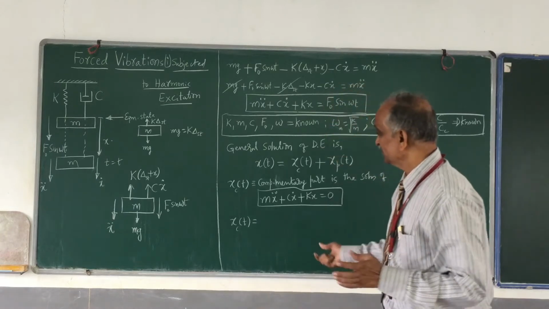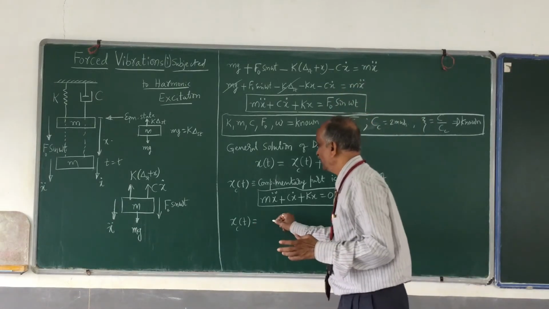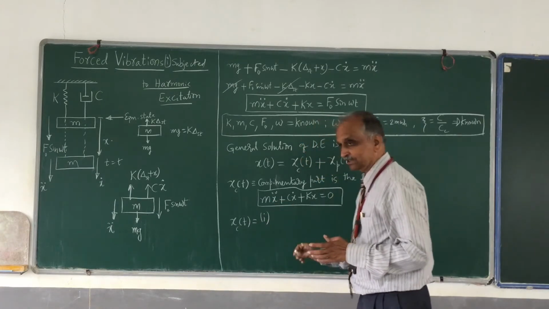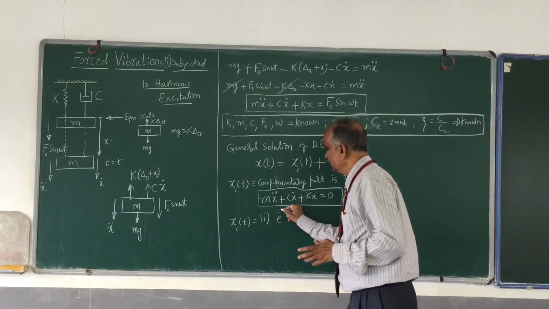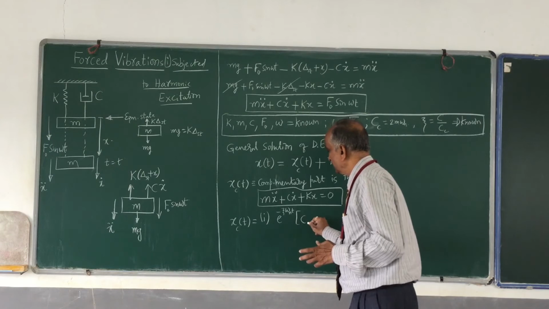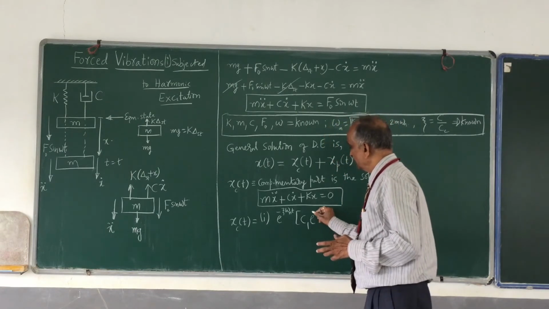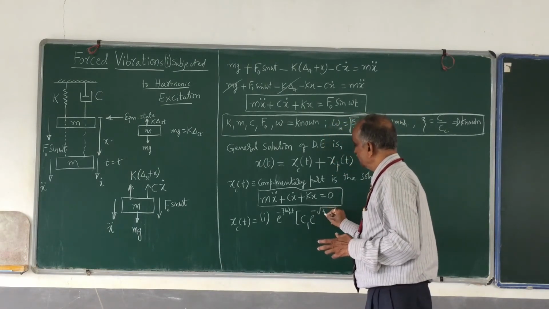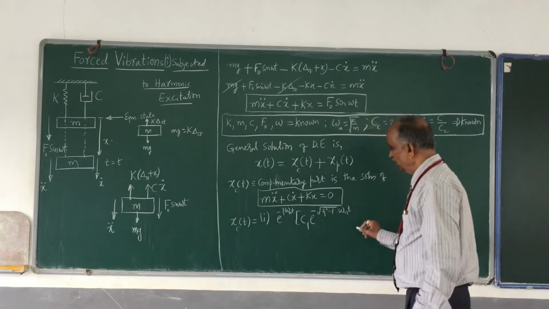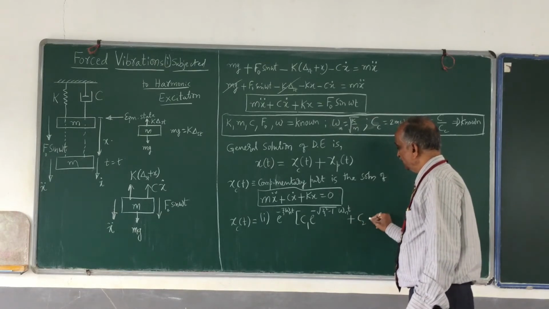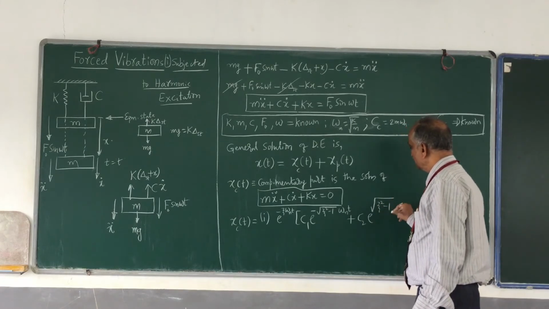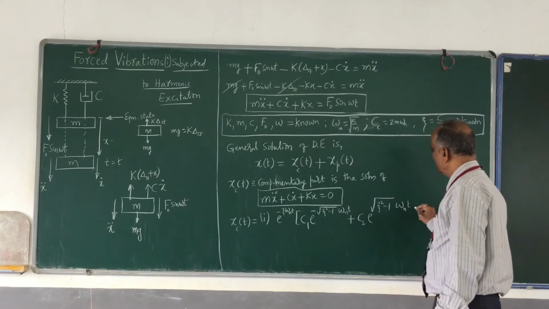So number one, xc of t may be e raised to minus zeta omega n t into bracket c1 e raised to minus root of zeta square minus 1 into omega n t plus c2 e raised to plus root of zeta square minus 1 into omega n t.